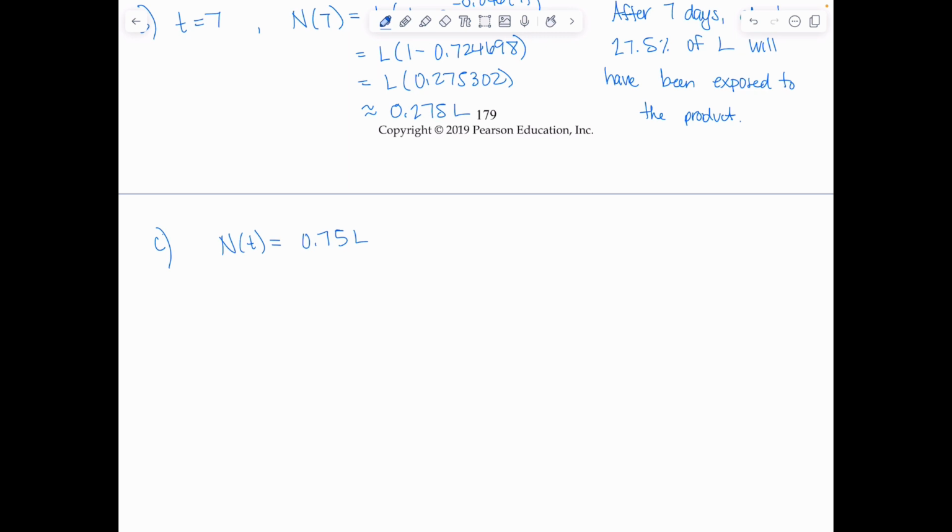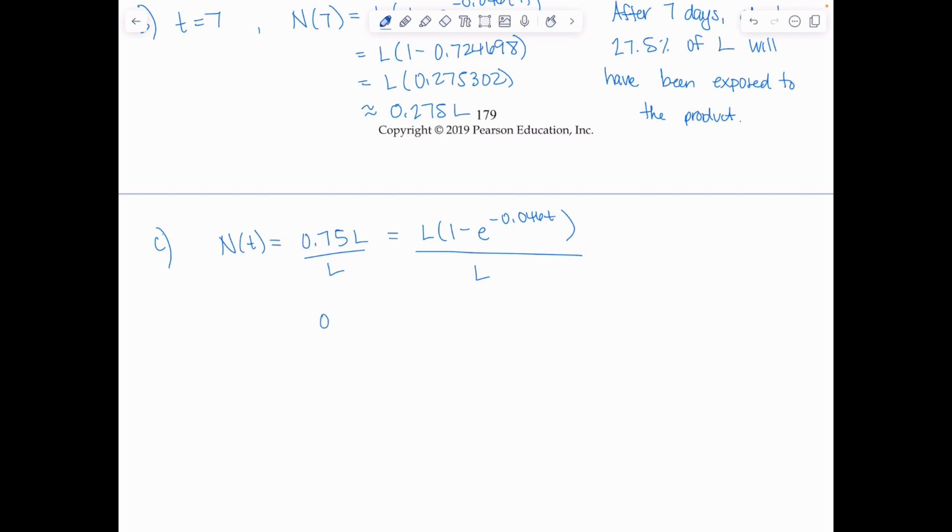So if N of t equals 0.75 L, that's what we'll start with. And what is N of t? Well, N of t was L times 1 minus e to the negative 0.046 t. And now we'll solve for t. So we'll divide by L.